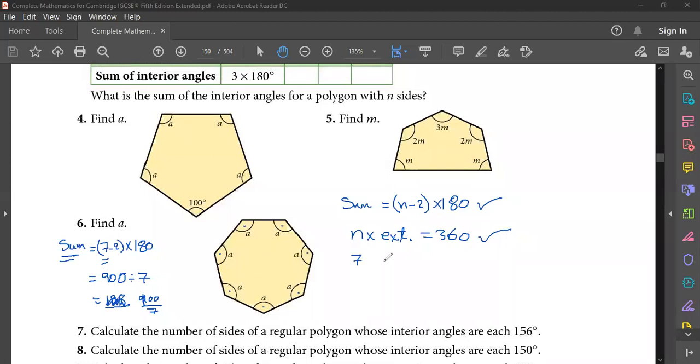And I need to find the exterior without doing further calculations. I don't want to tire myself. So how can we find the exterior now? 360 divided by 7. So the exterior for this shape is 360 divided by 7.